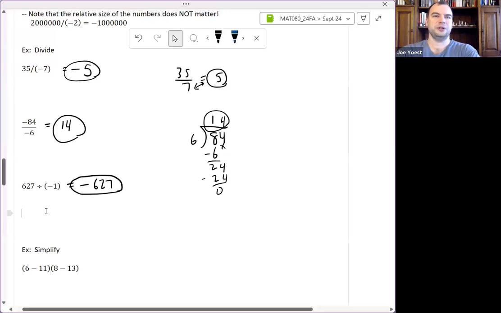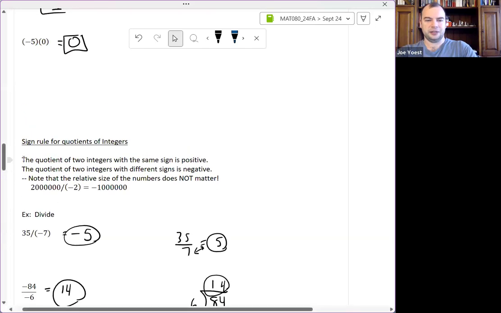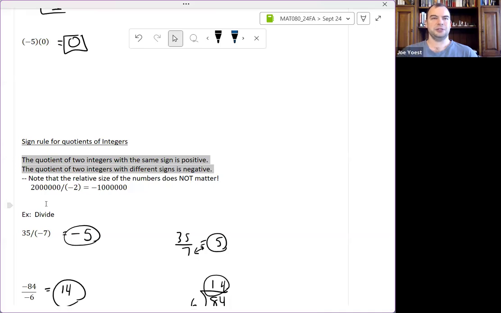So if we're comfortable with doing whole number multiplication and division, really all that integers do is add in this one extra sign rule. If the problem is a product or quotient of two integers with the same sign, the answer is positive.